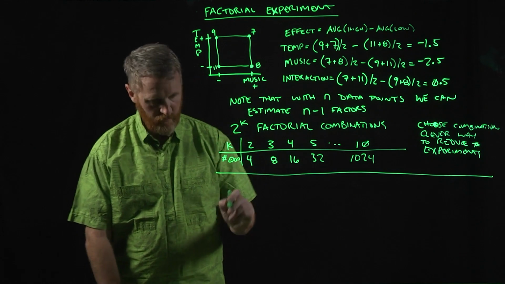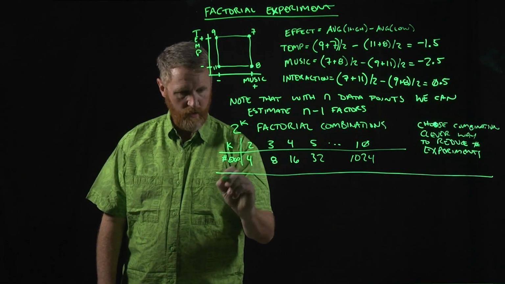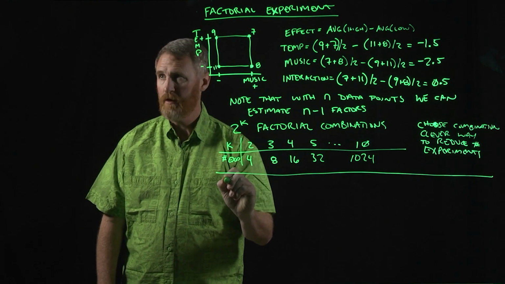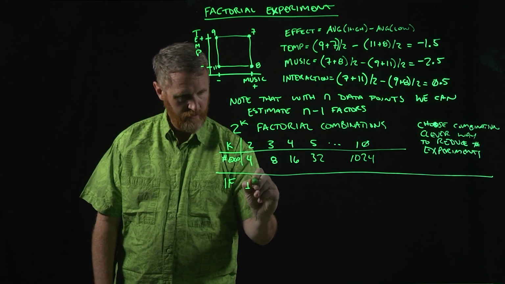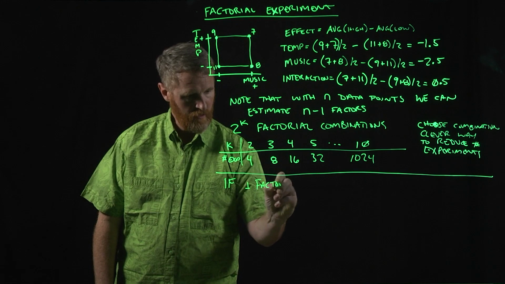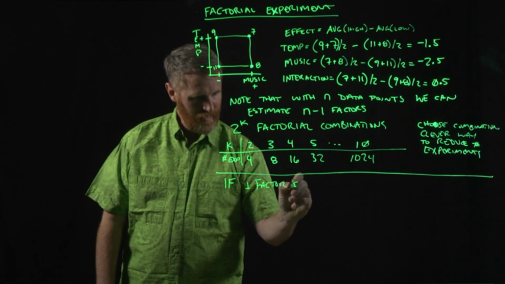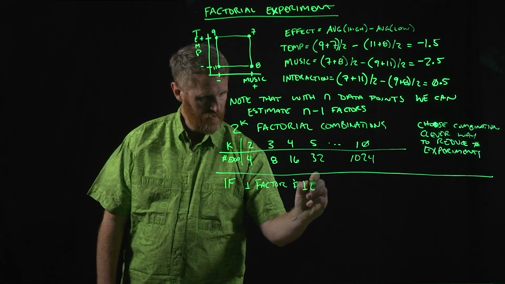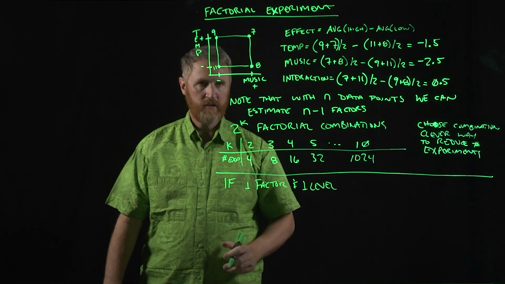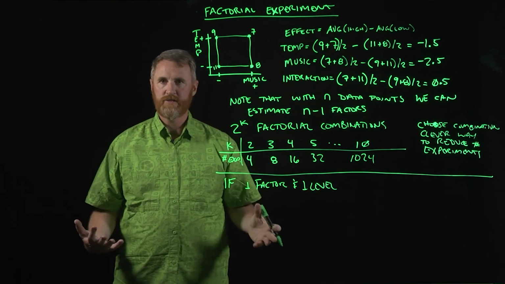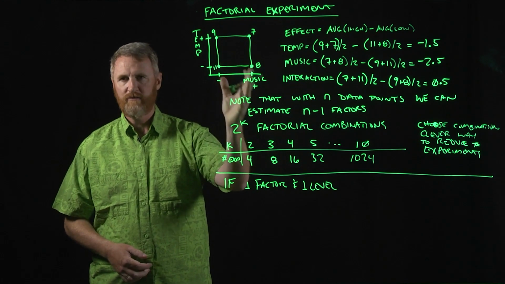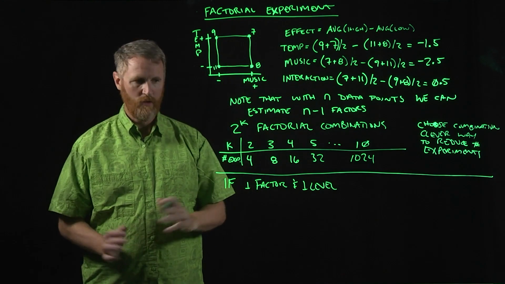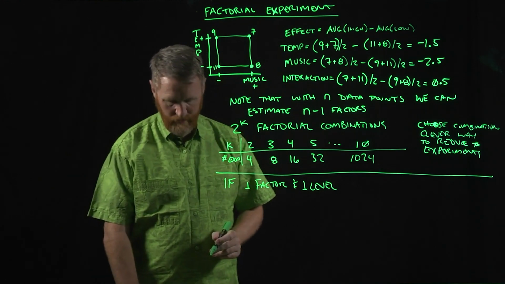Okay, so if I have one factor and one level of the factor, right? So one factor and it never changes. So I'm going to use the music as the only factor, and I just keep it at the same volume the whole time. What are my options?